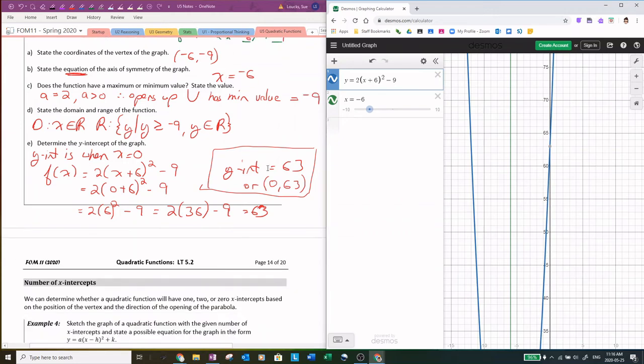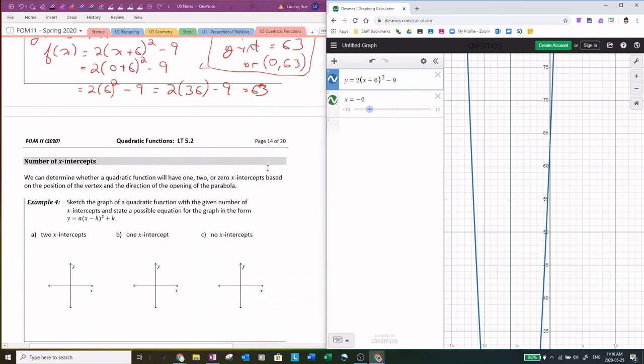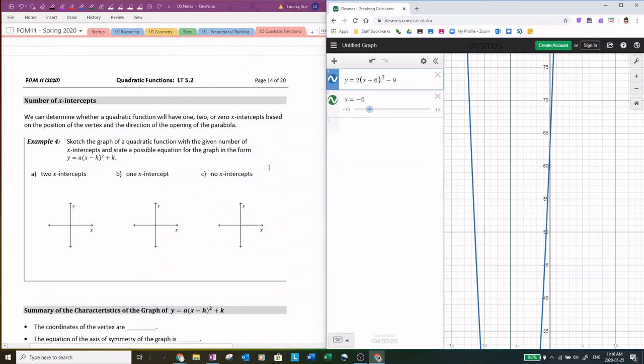Okay, one more thing to look at here, the number of x-intercepts. We can determine whether a quadratic function will have 1, 2, or 0 x-intercepts based on the position of the vertex and the direction of the opening. So let's just sketch the graph of a quadratic function with 2 x-intercepts.